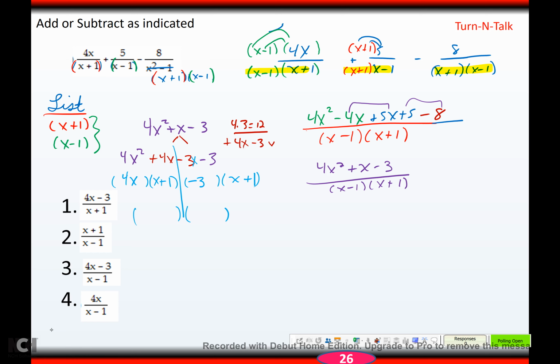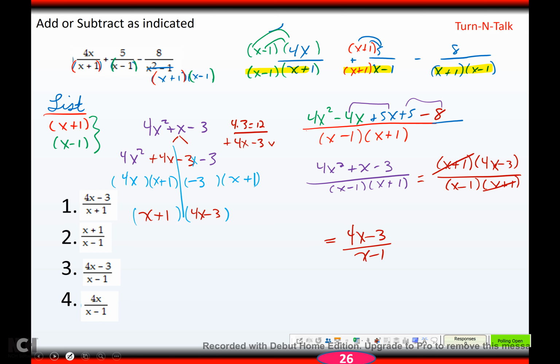GCF again by the x plus 1 leaves 4x minus 3. So on top, I can rewrite that as x plus 1 times 4x minus 3 over x minus 1 times x plus 1. The x plus 1's cancel, and I'm left with 4x minus 3 over x minus 1. Okay? Alright.